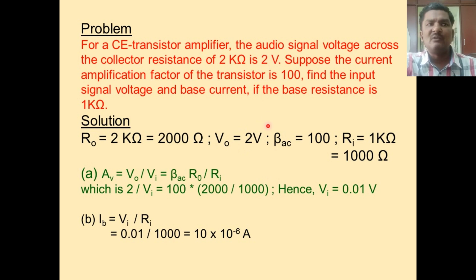So from this we have to calculate the input voltage. We know that AV equal to output voltage by input voltage, that equal to beta into R0 by Ri. So 2 by Vi equal to 100 into 2000 by 1000. So 2 by Vi equal to 200.